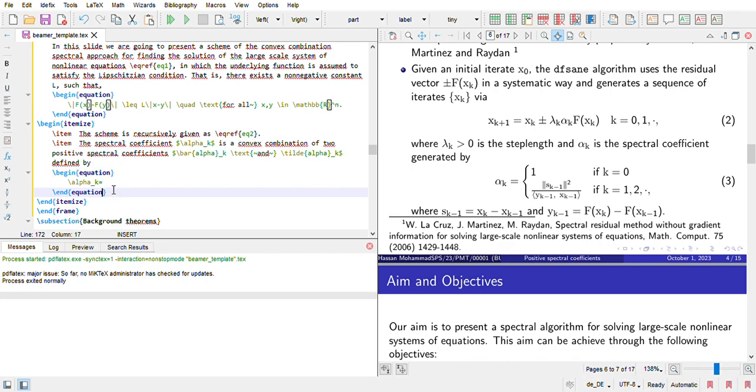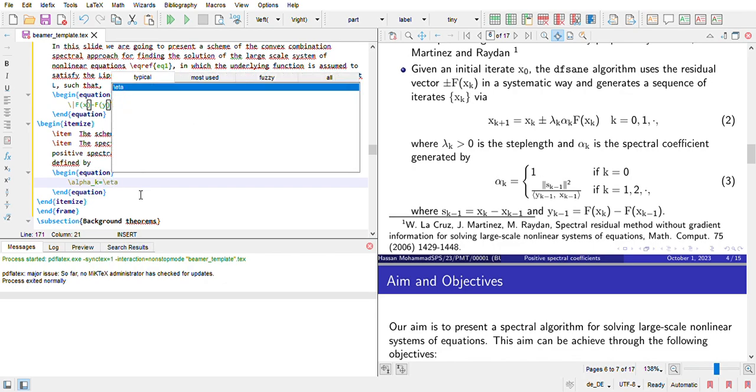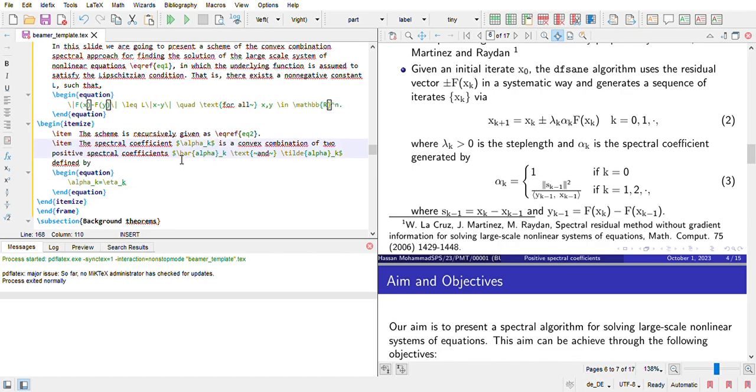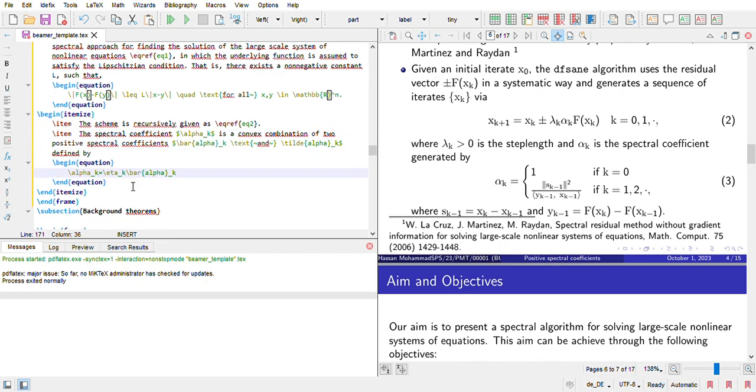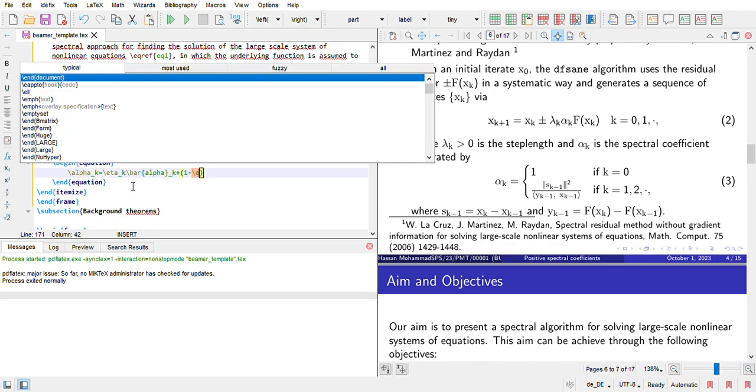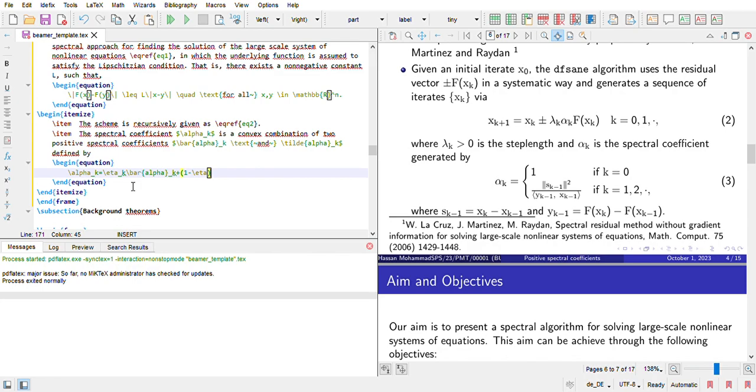Alpha k equals eta k alpha k bar. Now I have to put backslash eta k. Now copy alpha k bar there, I'll paste it here, then plus 1 minus eta, since it's a convex combination, so we have 1 minus eta in the other term. The other term is tilde alpha, so tilde alpha k.